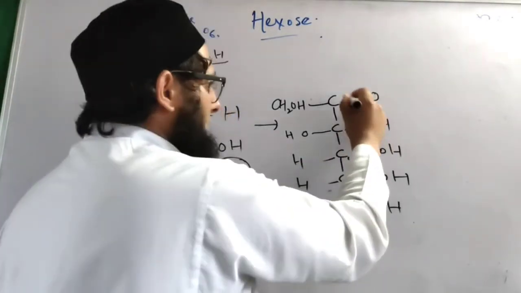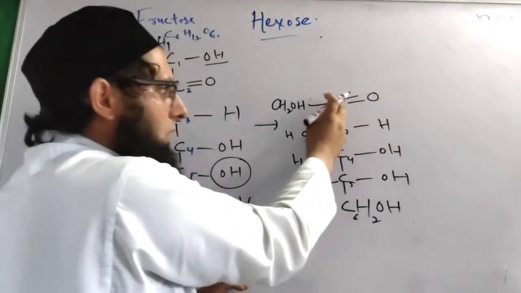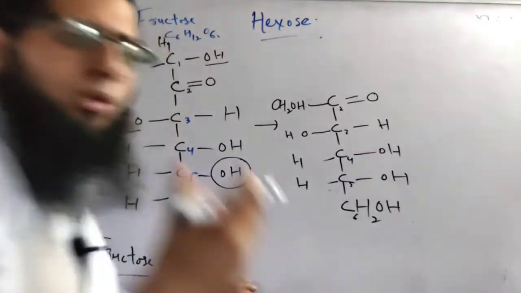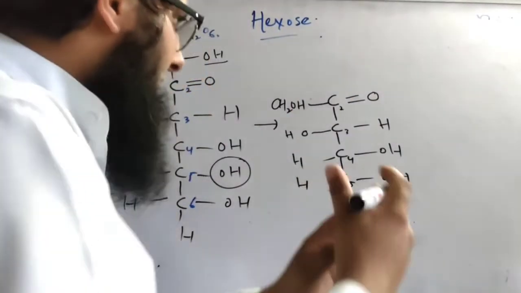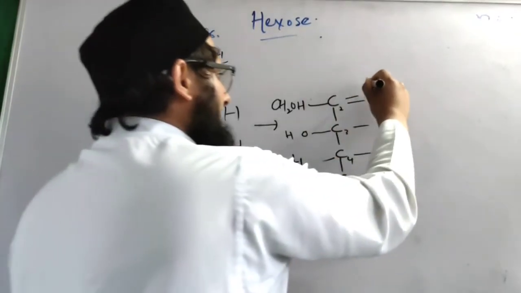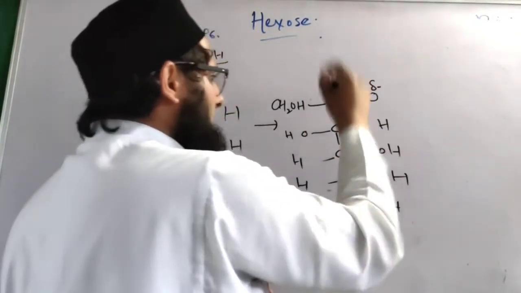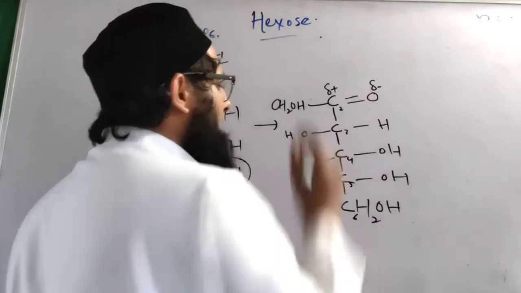Let us see. There is a double bond between carbon and oxygen, and oxygen is a more electronegative atom than carbon. It attracts the electrons towards itself and develops a slight negative charge, and carbon develops a slight positive charge, delta positive.